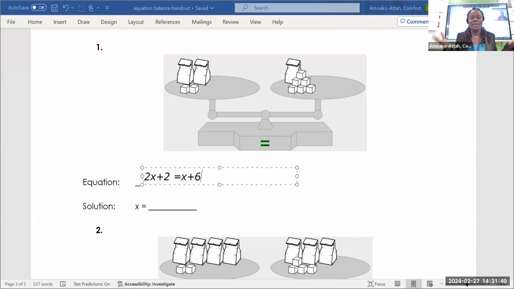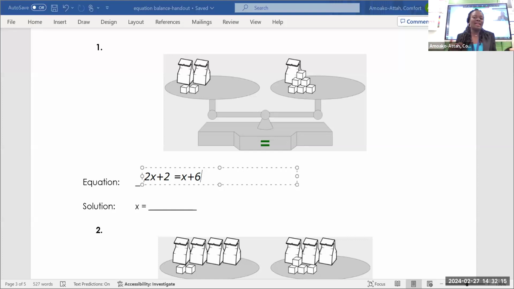For example, the sum of a number A and 7 is 5. How do you write this equation from this word problem? There are some keywords or phrases that you should be able to identify.